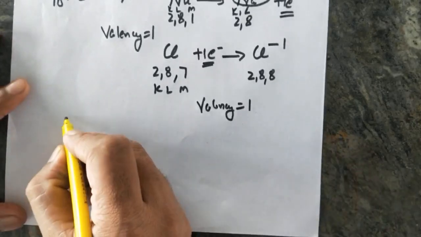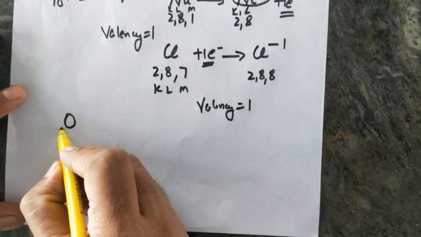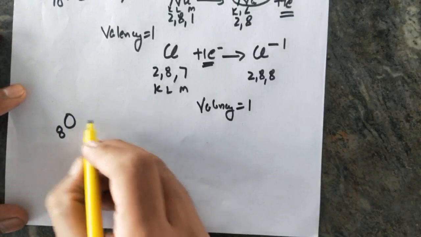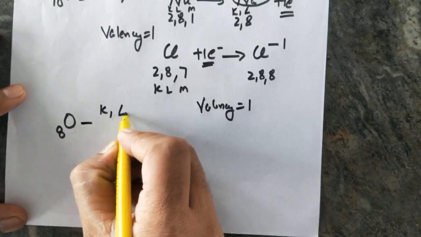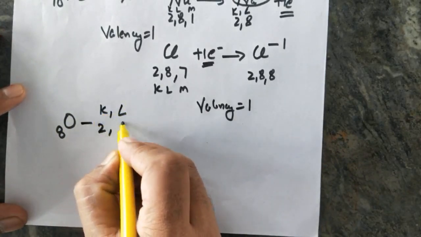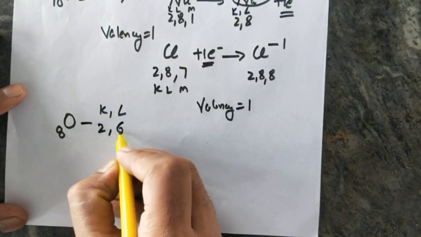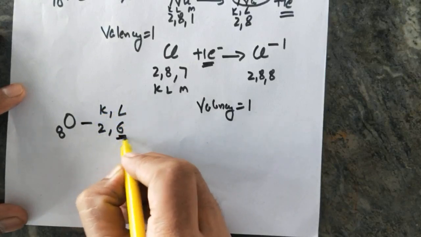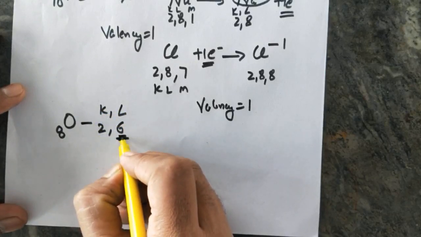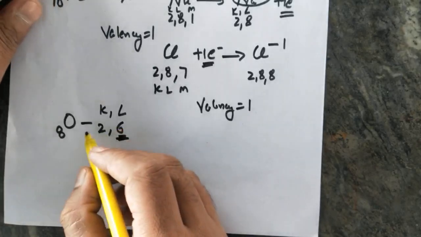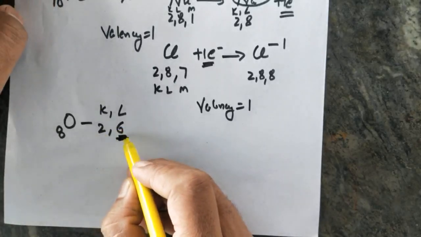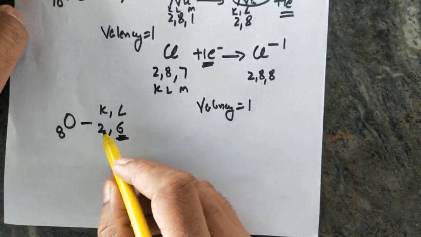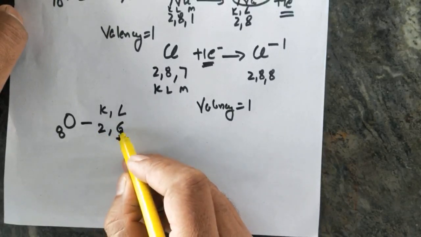Let's take another example, oxygen. It contains 8 electrons. First of all, write down the configuration: 2 and the remaining 6 in the next shell, 2, 6. These 6 electrons are the valence electrons. If oxygen has to lose, it will have to lose 6 electrons, but if it has to gain, it has to gain only 2 electrons.